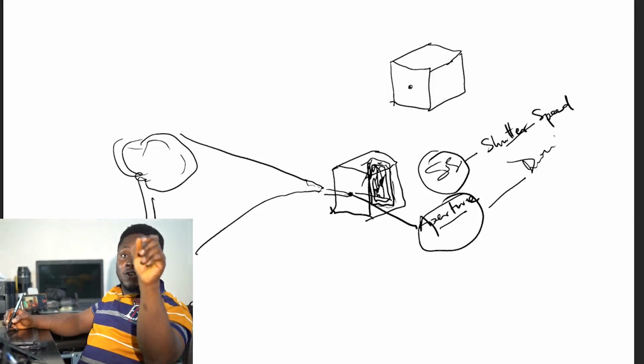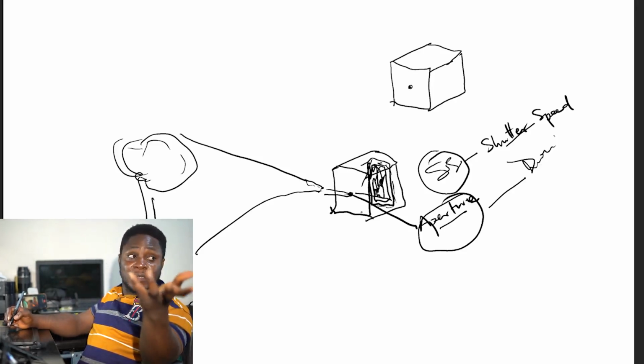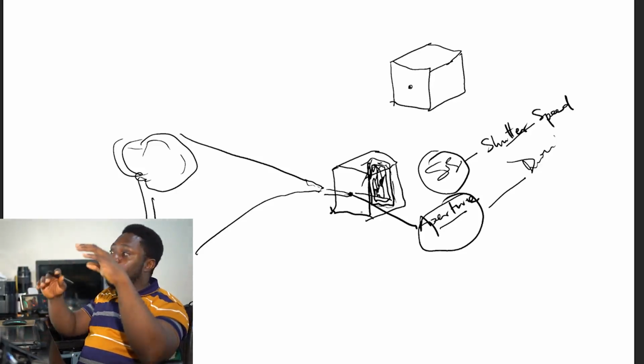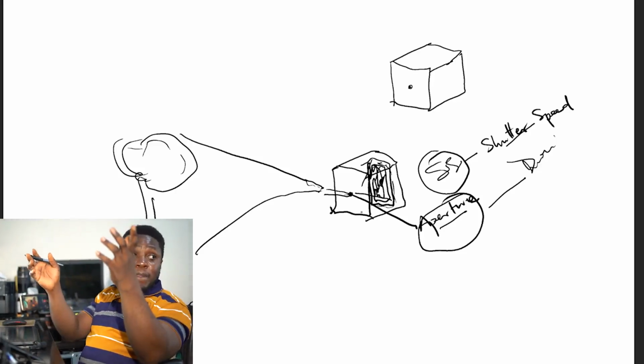So there's no way to control the amount of light that can come into the camera. Once you open the pinhole, it is fixed. You cannot adjust it or expand it. So if it is dark, it is dark. If it is bright, it is bright.